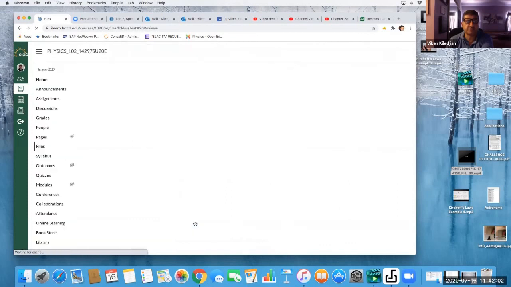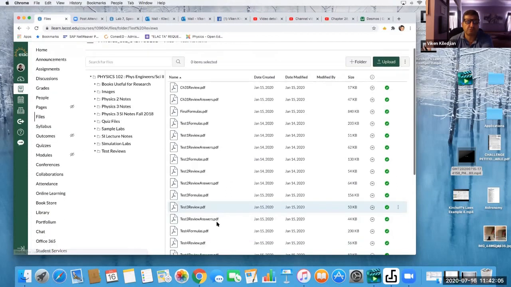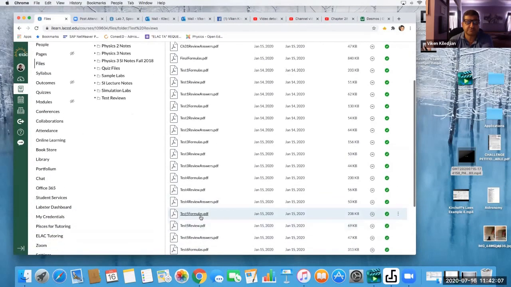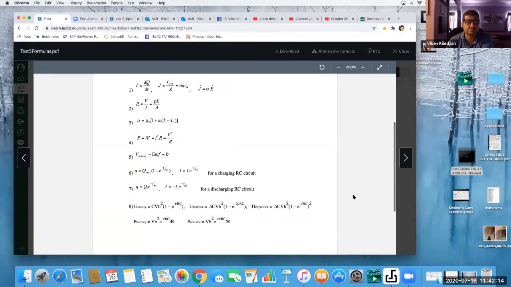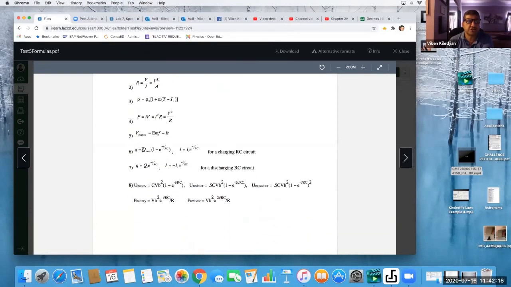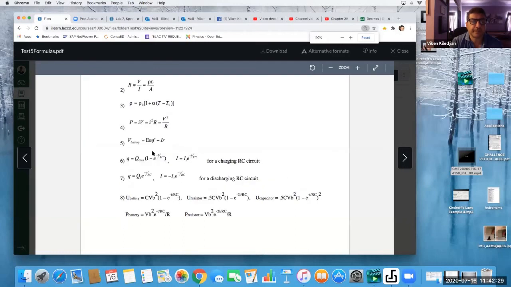See, this is the charge equation, the charging, and then this is the current equation. These are the two equations that I just proved right here, the charge and the current.